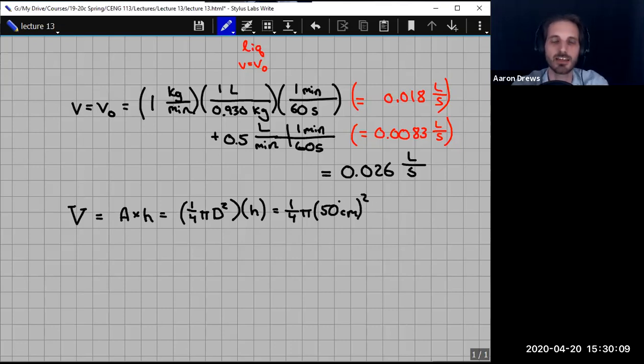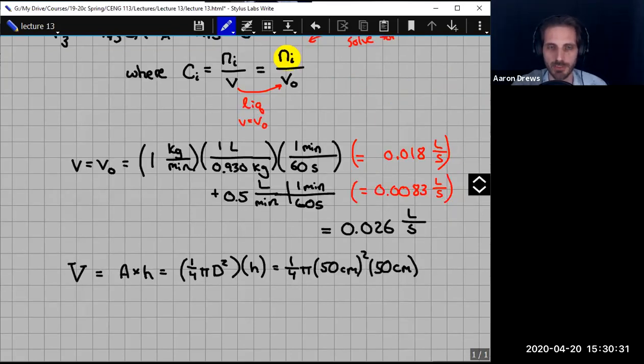And now we need to take the height of the liquid, right? The jacket doesn't come all the way up. We're just interested in the height of the liquid, which was 50 centimeters. And we would need to convert that over to liters as well, which a cubic centimeter is a milliliter, so we'd end up having to divide that by 1,000. I think the answer to that ended up being like 0.8, but it's over in the MATLAB.